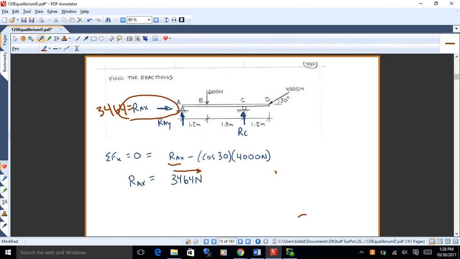Is it X the other way? That's 6,000 times 1.2. That would be negative. Oh, yeah, there we go. And the other one should be negative. Yeah.